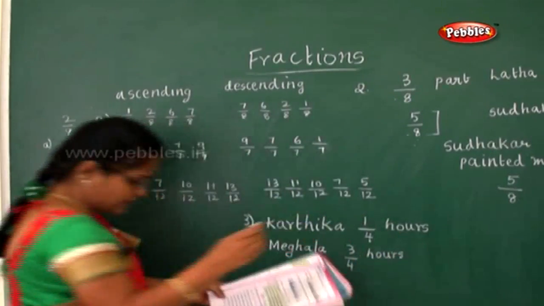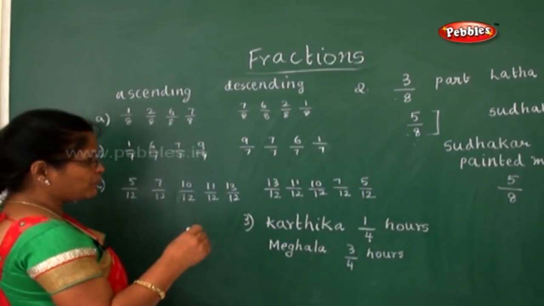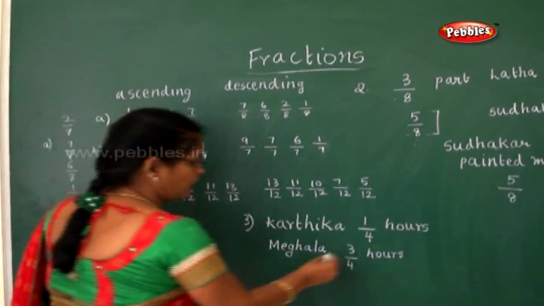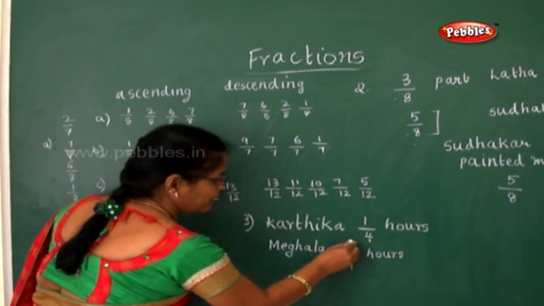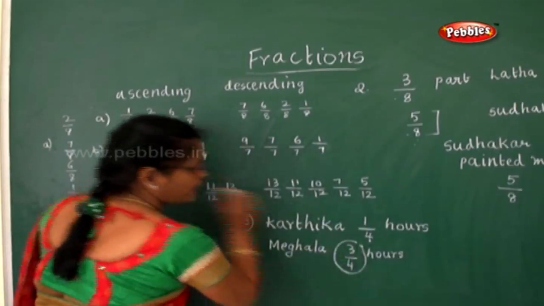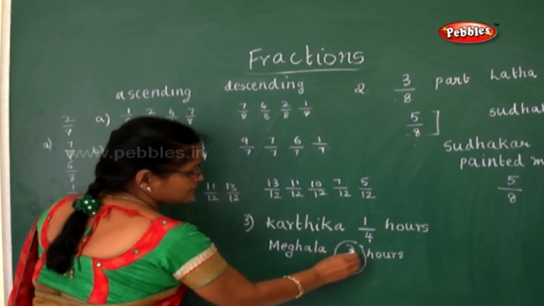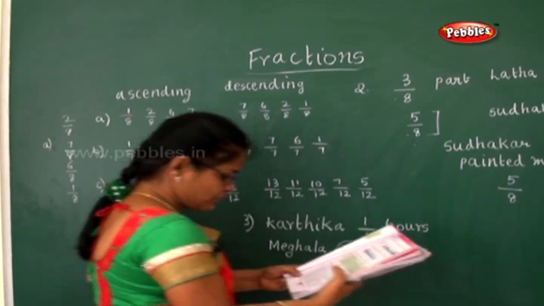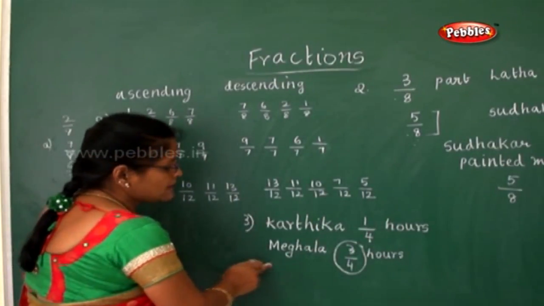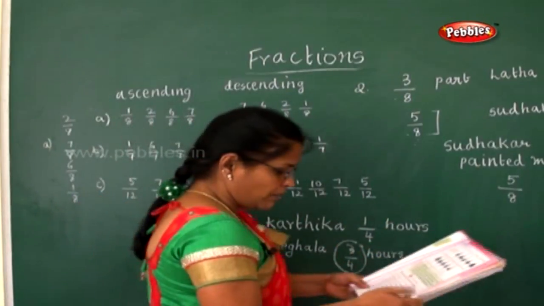Now the question is, find who takes more time here. It is Meghala. Meghala takes 3 by 4 hours, which is more time than 1 by 4. So the answer is Meghala takes more time to visit the bookstall.